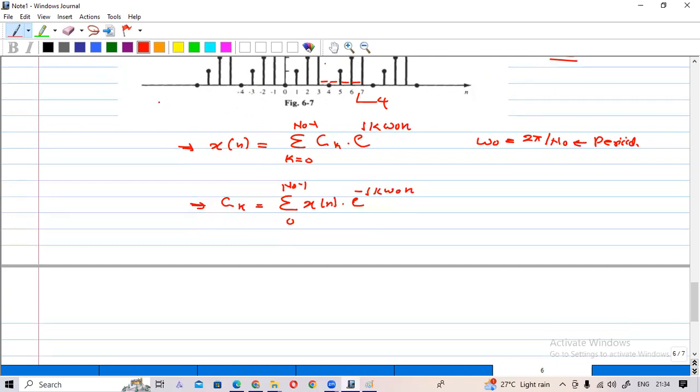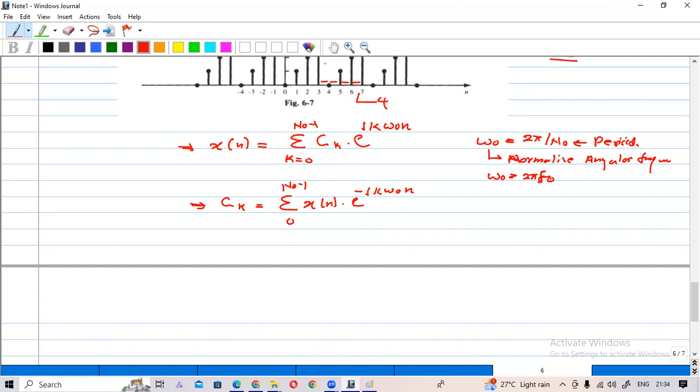And I told you that x[n] is a sampled signal. So this omega naught is a normalized angular frequency. If you need to find the frequency, omega naught is equal to 2 pi F naught.